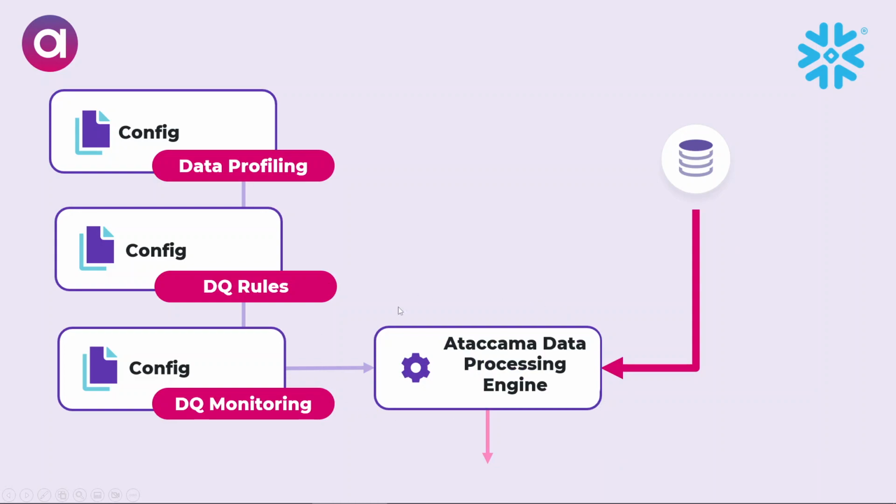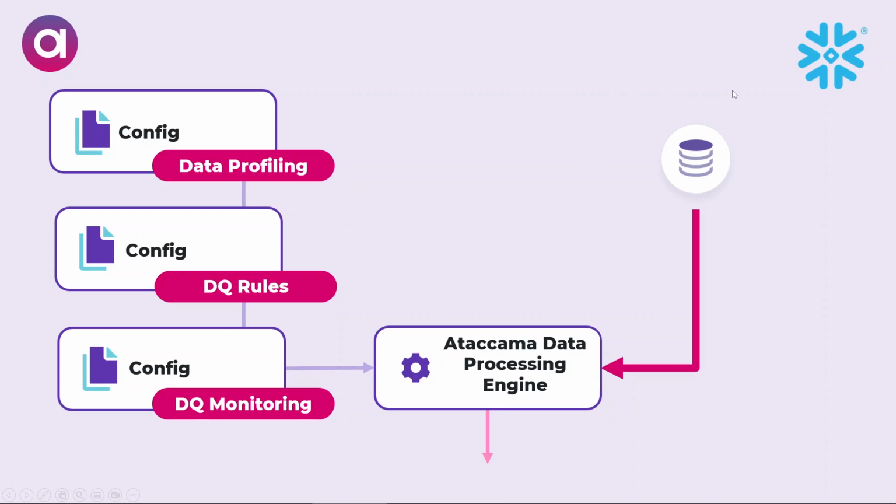And the configuration files are sent to the Ataccama data processing engine, which, based on the configuration, then requests the data from the source. So this white, bold arrow is showing how the data is flowing to the engine. The engine crunches the rules, the aggregations, etc., and provides the desired outputs, the reports, maybe some exports to another database, whatever is part of your scenario.